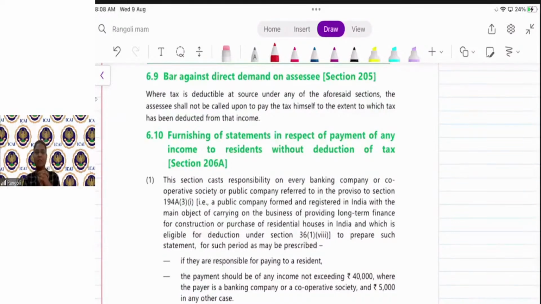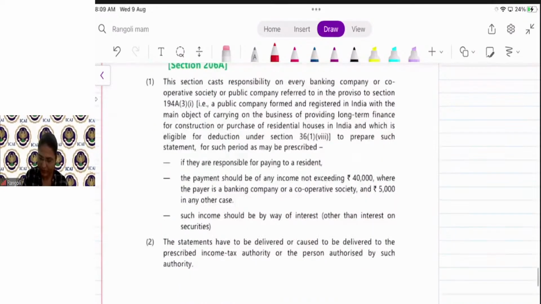Other than banking companies, say for example, if I am rendering professional service of 20,000, then the payer is not required to deduct TDS. So in that case, the payer is not required to provide a statement to the government, even if TDS is not required to be deducted.